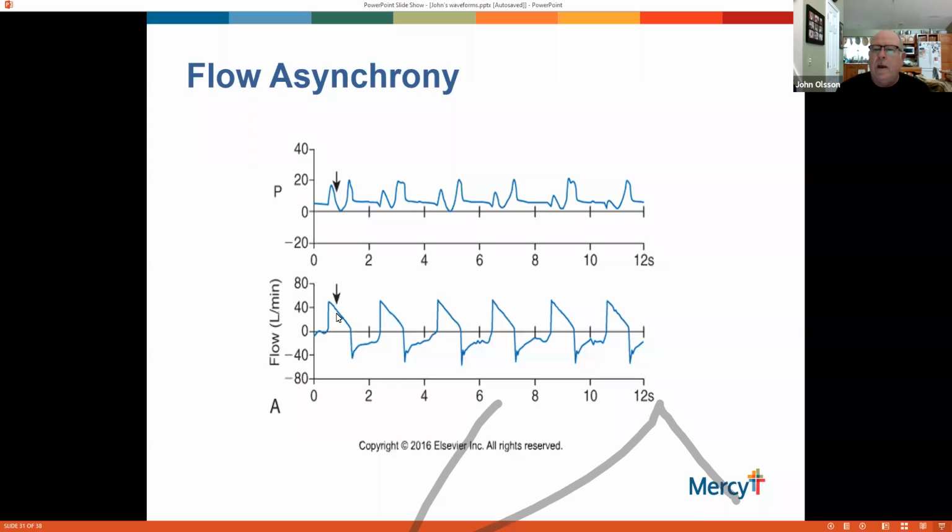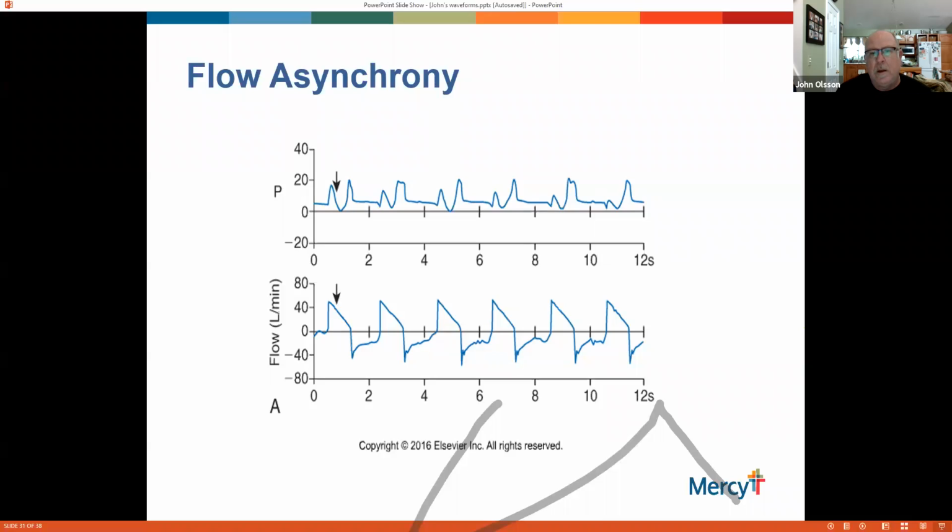So you have to try to give them more flow faster. And don't be afraid of flow. I typically use anywhere from 65 to 120 liters per minute. You have to watch the patient and see what they're comfortable with when that's set. That's what I do. If you see your patient doing this, then you should go over to that ventilator and increase that flow rate and see if you can't fix this.